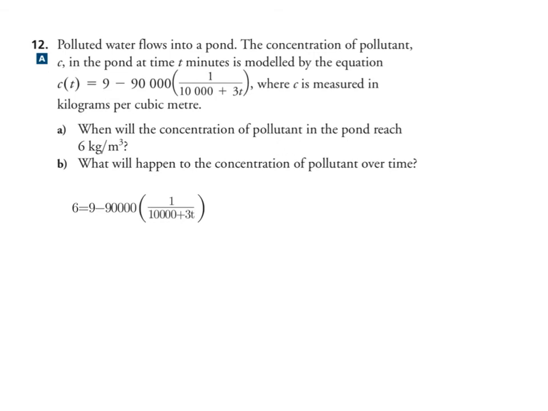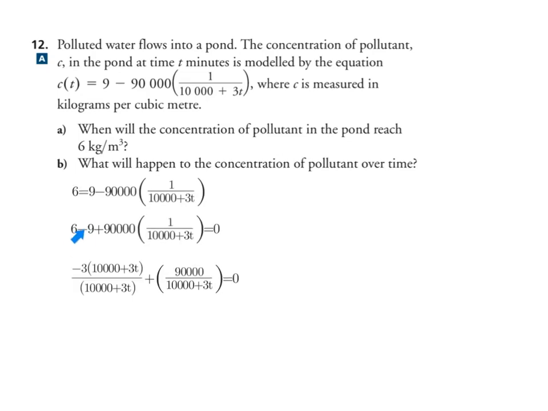So let's bring everything to the left. Let's get a common denominator. So here the 6 minus 9 is just negative 3. And then we get the common denominator, and this 9,000 over this. Now we can put the numerators together. All right, so we got negative 30,000 minus 9t plus 90,000.